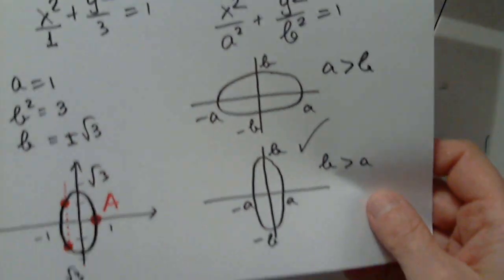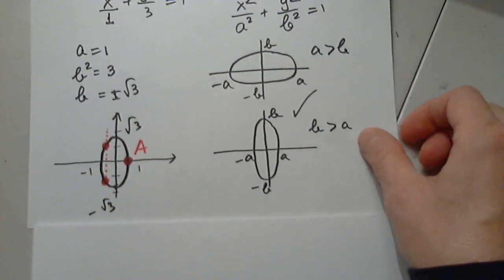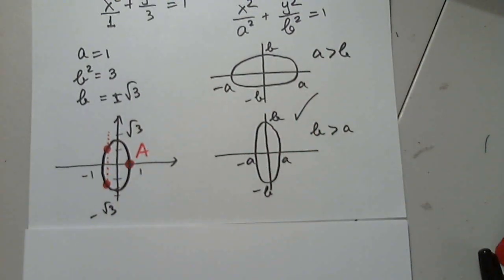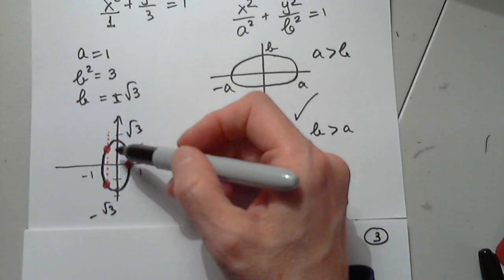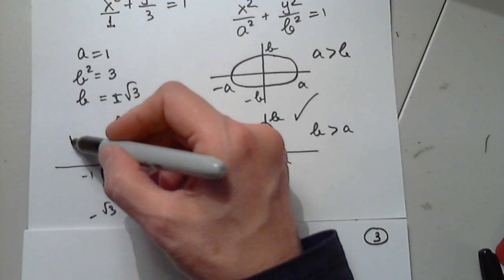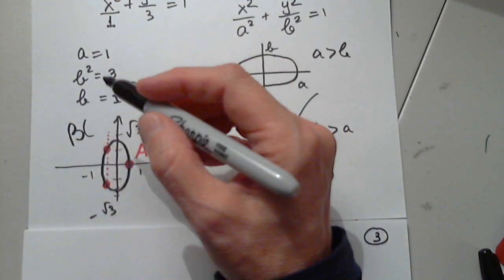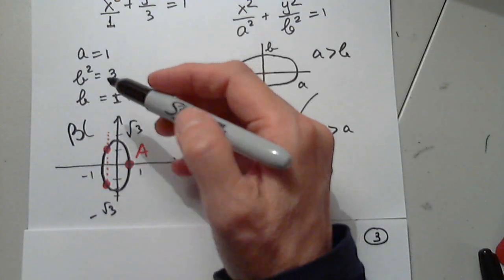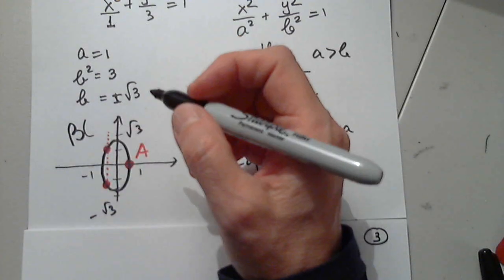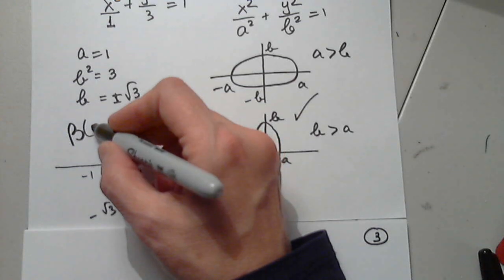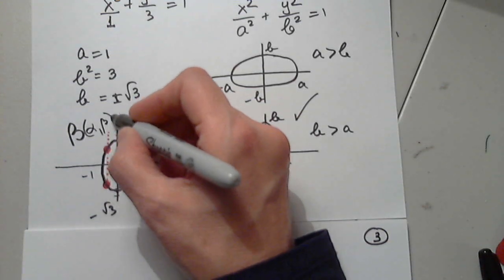This point, I'm going to denote it by B. And I'm going to say that point B has coordinates, I don't want to use A and B, so I'm going to use alpha and beta.